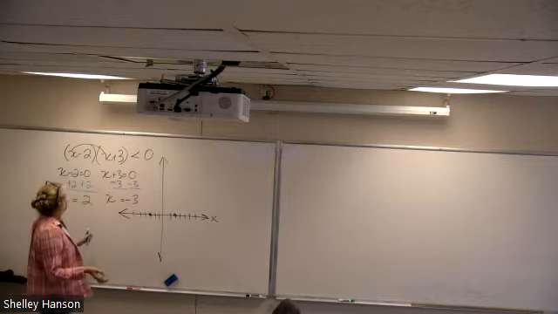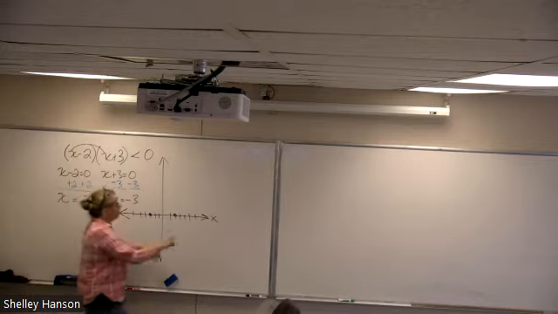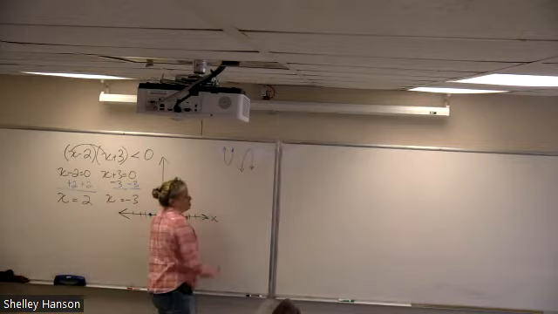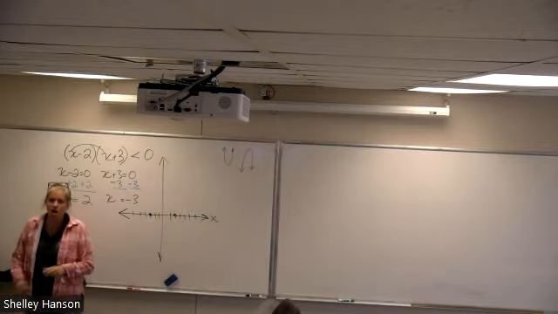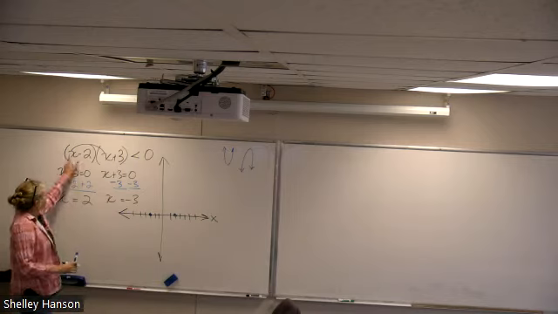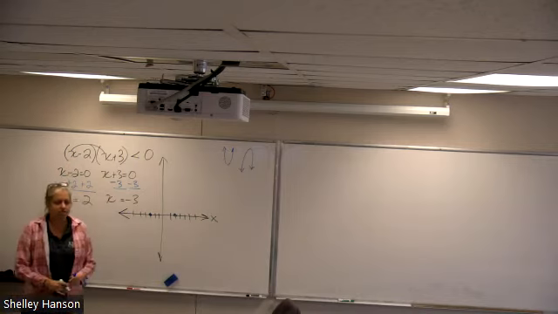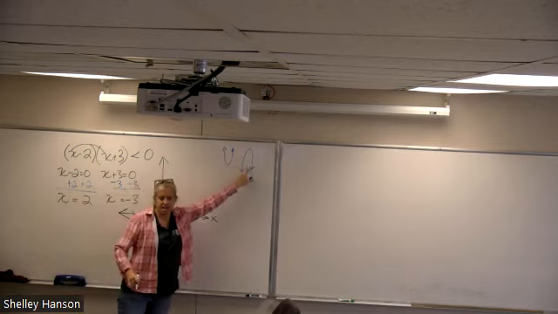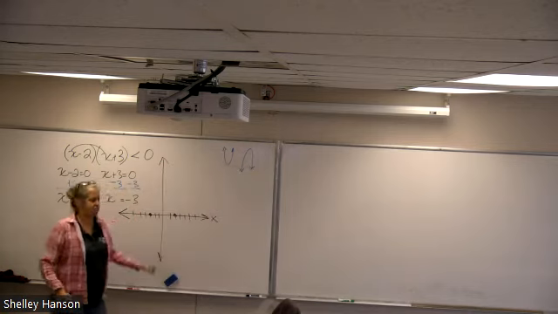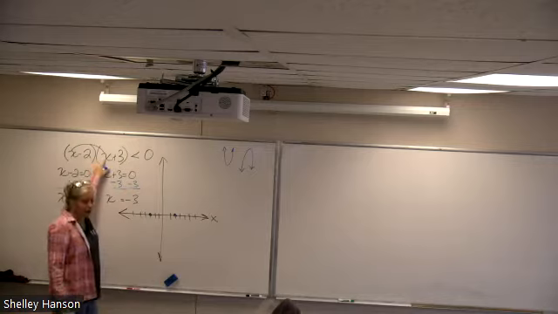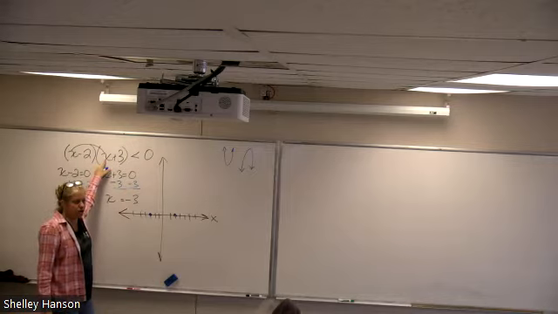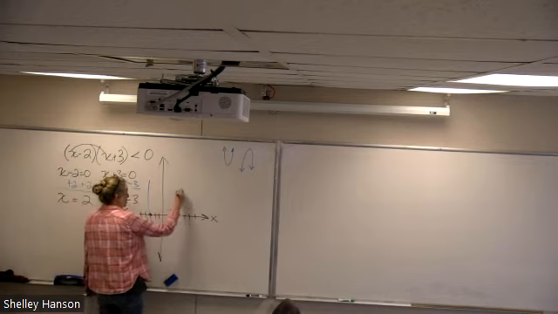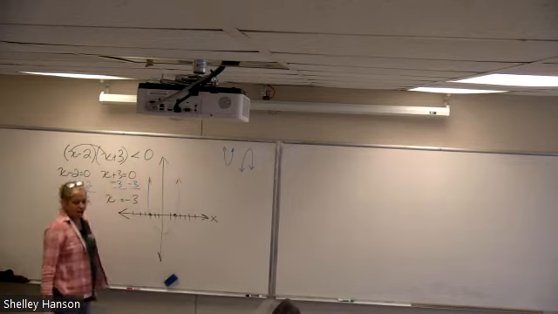Now I just need to find out if this parabola is right side up or upside down. And remember, what determines that is if the x squared is positive or negative, right? Positive x squareds look like this, negatives flip upside down. So this would just be a positive x squared, right? If I foiled that. So now I know that this parabola is going to be right side up like this.